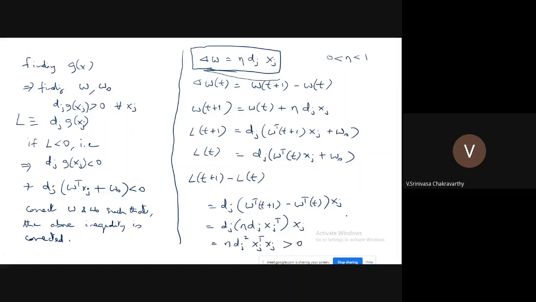Okay, what does that mean? What that means is L at t plus 1 is greater than L at t.